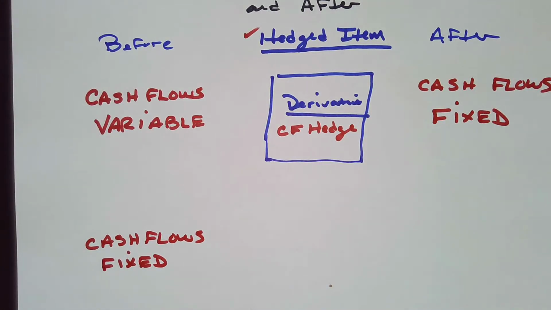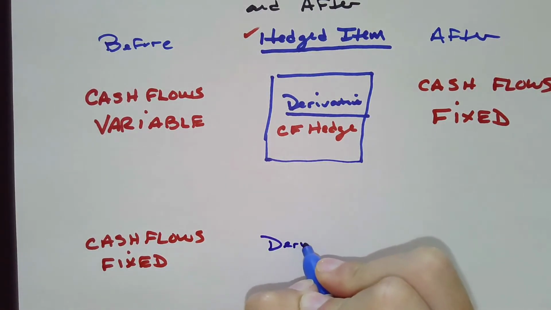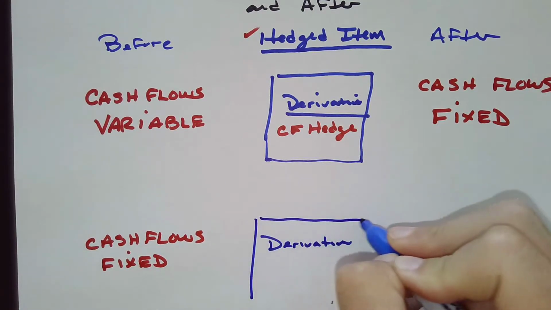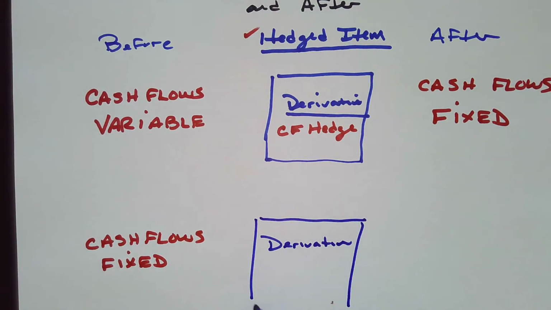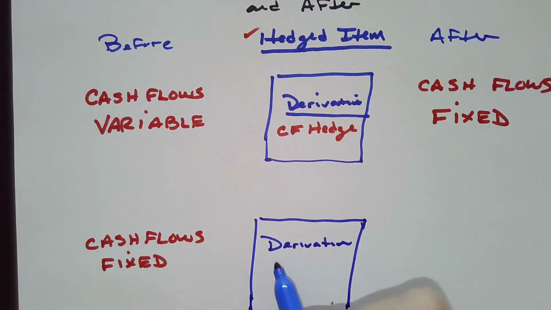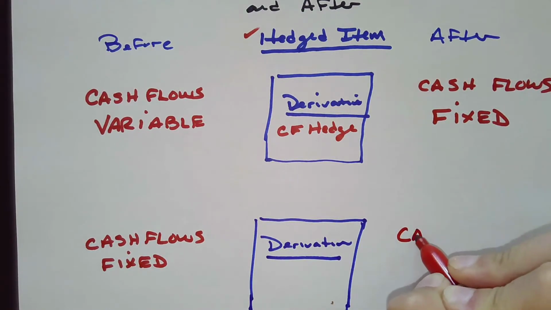Then I put in the derivative, and afterwards cash flows become variable.